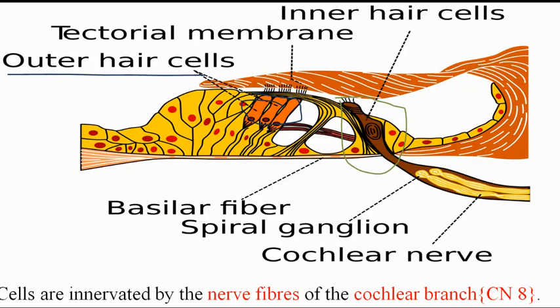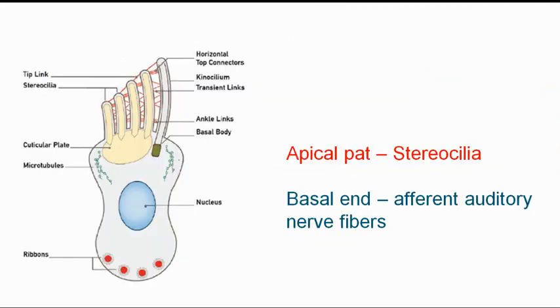Here at the base of this hair cell, you can notice in the next diagram the structure of an individual hair cell. The small projections which we see from this cell are called the stereocilia. At the base of it, you can notice the presence of the nerve fibers.